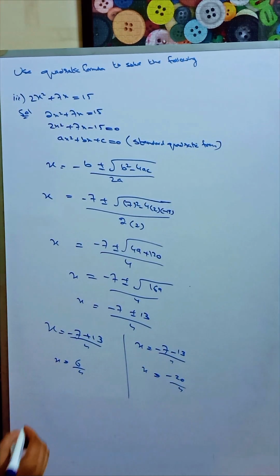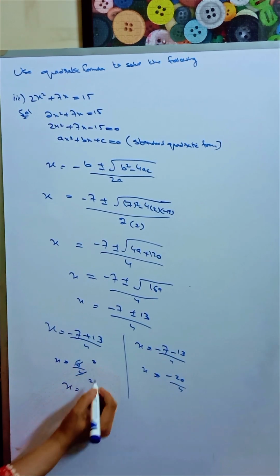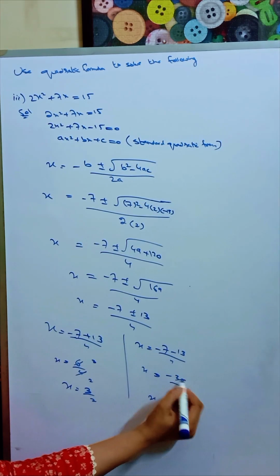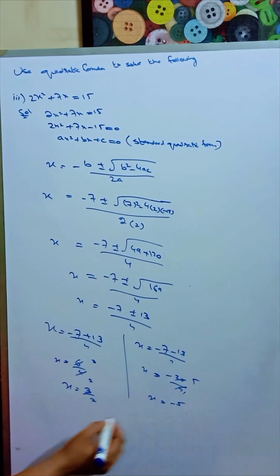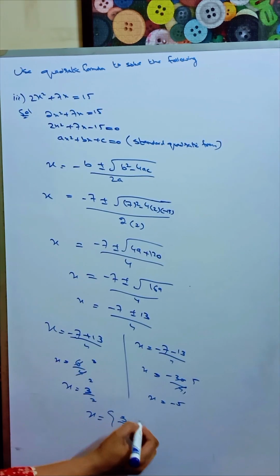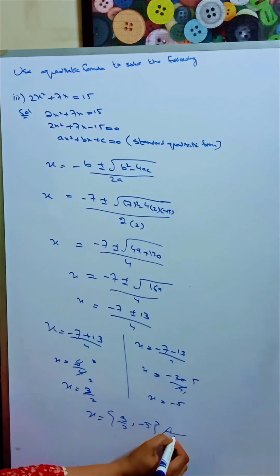Now 6 over 4 becomes 3 by 2, and minus 20 over 4 is minus 5. So the answer is 3 by 2 and minus 5.